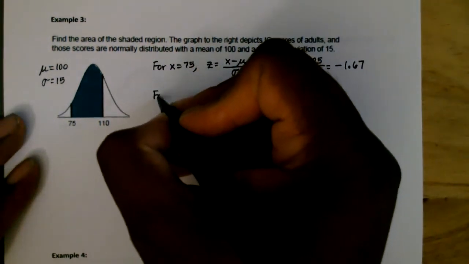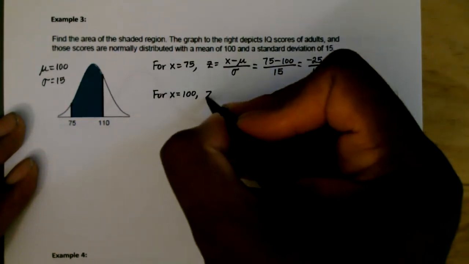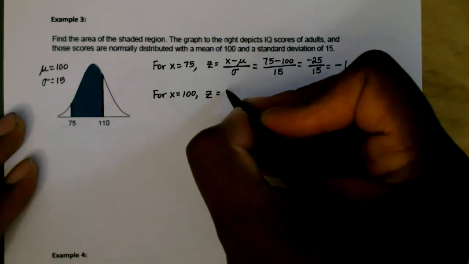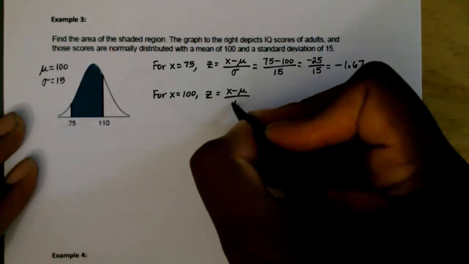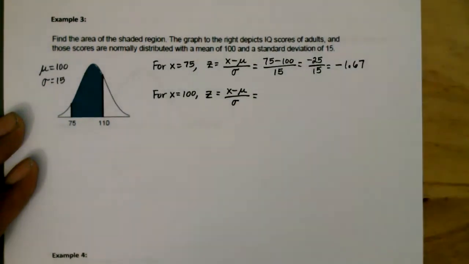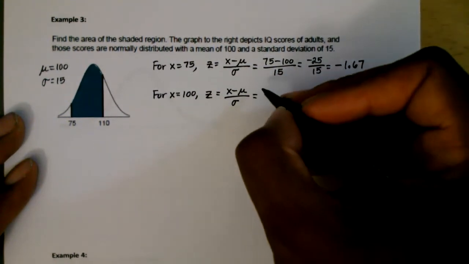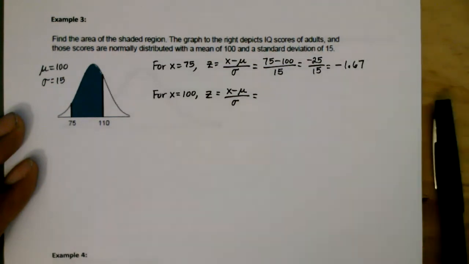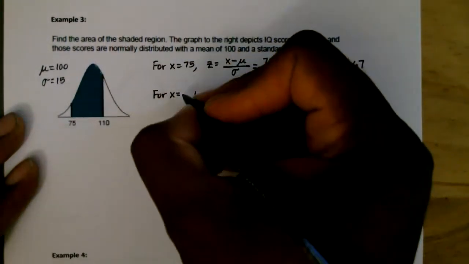And now for the other x value, using that same formula. So here, x minus mu, that's 100. Okay, I need to change this because that's 110 for x.